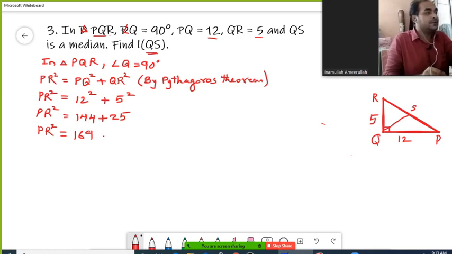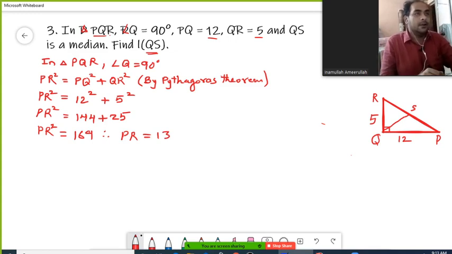So this way, the length of PR is 13 units, because 169 is the perfect square of 13. So PR will become 13 units. Now we have the length of the hypotenuse. So once we have the length of the hypotenuse, we can develop a relationship between the median and the hypotenuse. So now we are in a position to find the length of the median.